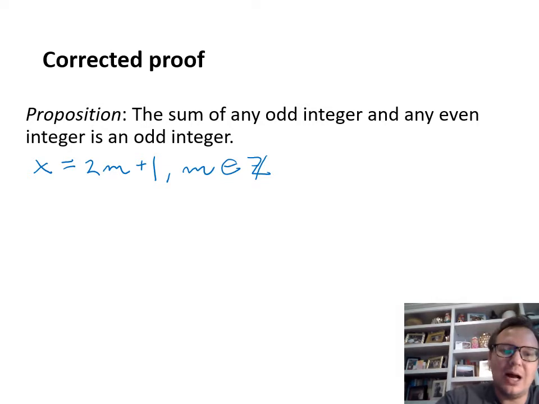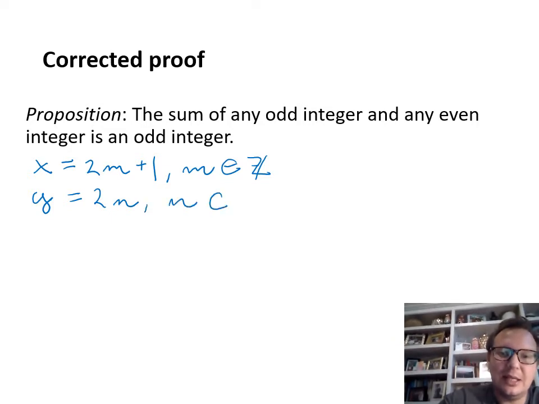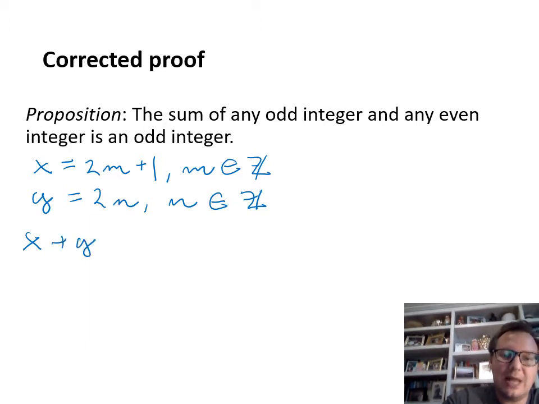And y is any even integer. So y is 2n, where n is an element of Z. Wonderful. And then we want to prove that their sum, x plus y, is odd.